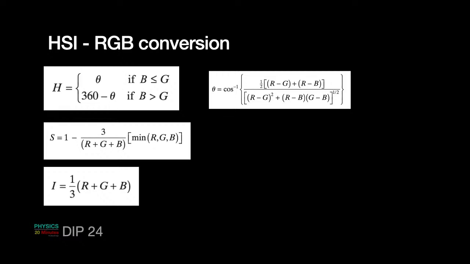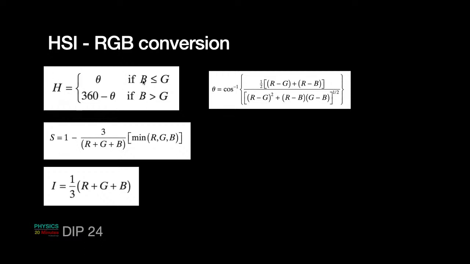In the last lecture we had put these equations. These are the equations from RGB to HSI conversion. So if you have your color values in RGB space and if you want to convert them into HSI space, these are my equations.